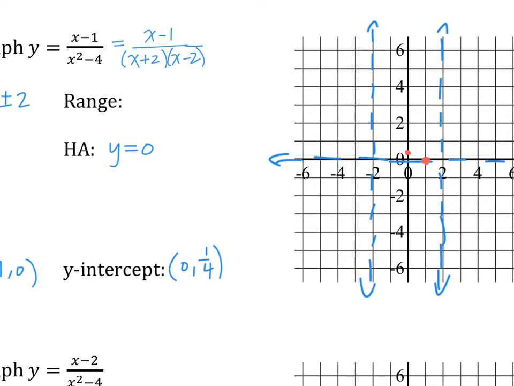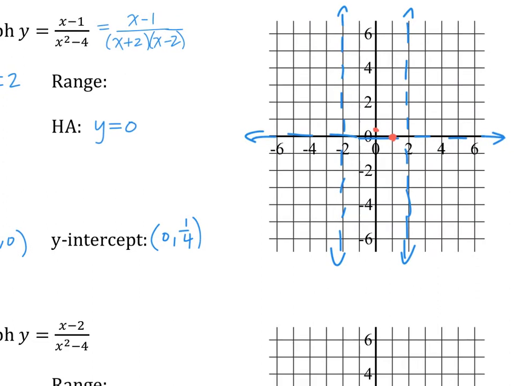So I need more points. And I don't know what's going on here. Is the graph gonna be up here or down here? I don't know. So what we wanna do now is just put in some points. Okay, so I'm gonna tell you the trick on doing these.